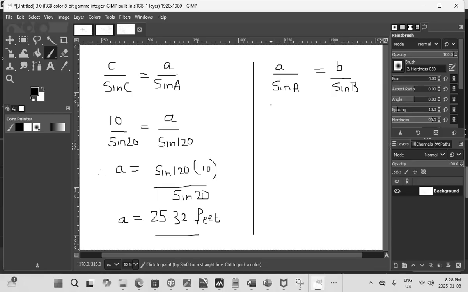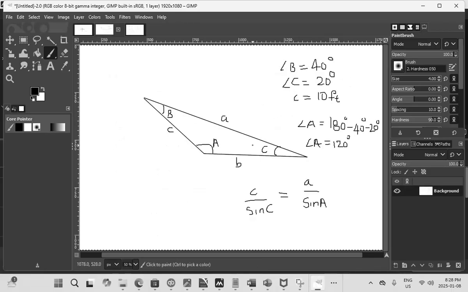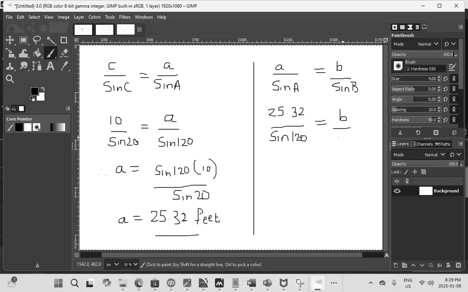We know that A is 25.32 feet, so 25.32 divided by sine 120 equals B over sine B. Angle B was 40 degrees, so sine B will be sine 40.